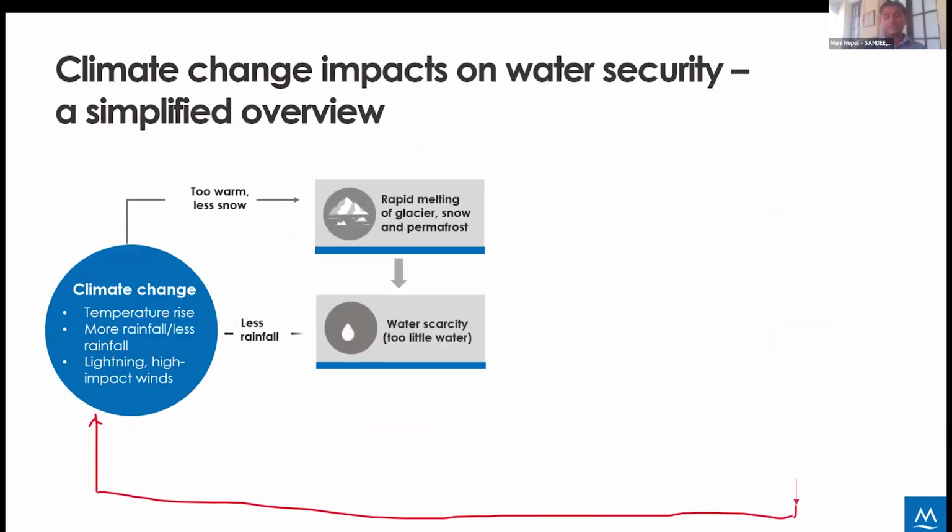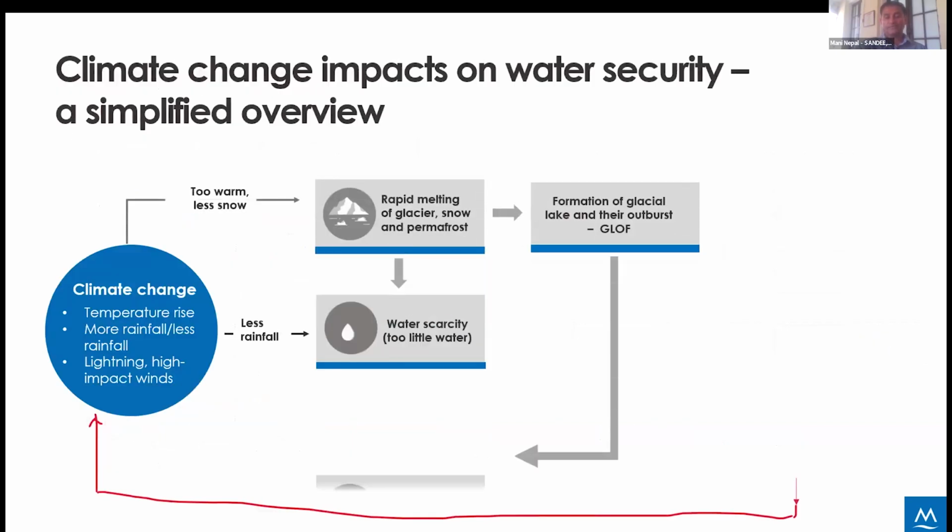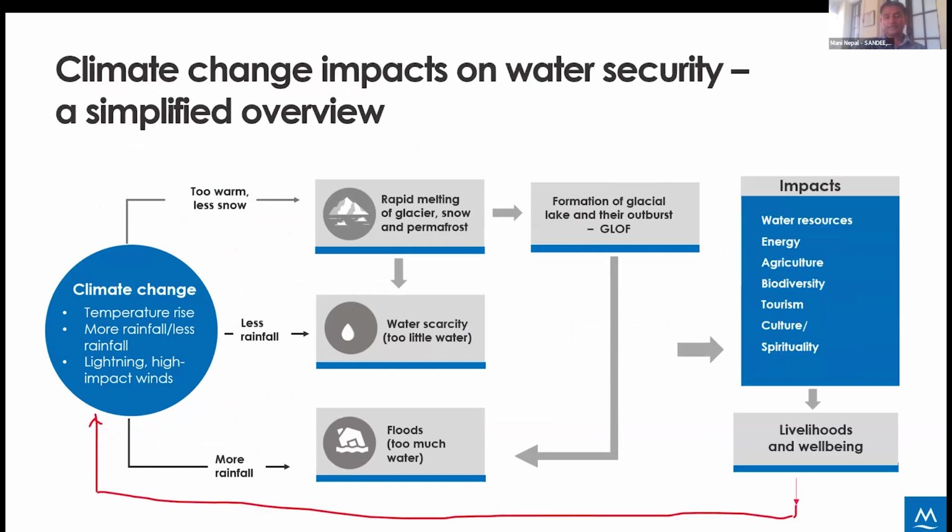So if the warming rate is very high, then what happens? Let's look at the schematic for a very simplified view of the impact of climate change on water security. Climate change means higher temperature that might result in more or less rainfall depending on where you are, and other challenges.